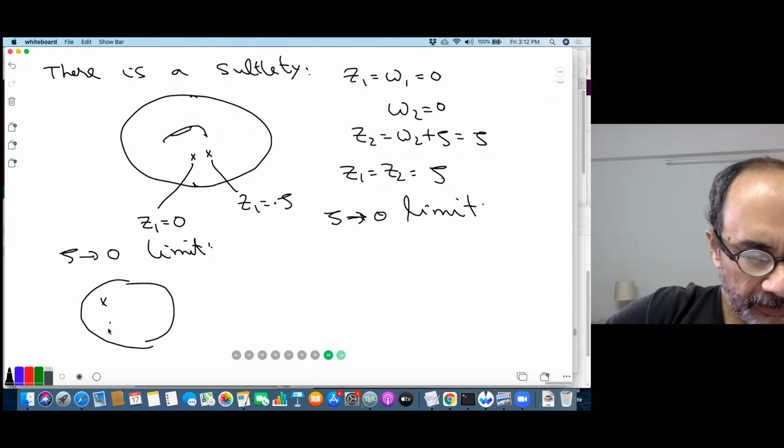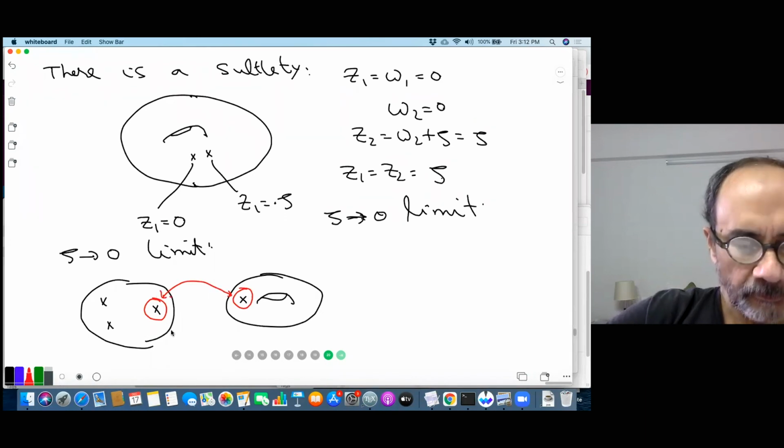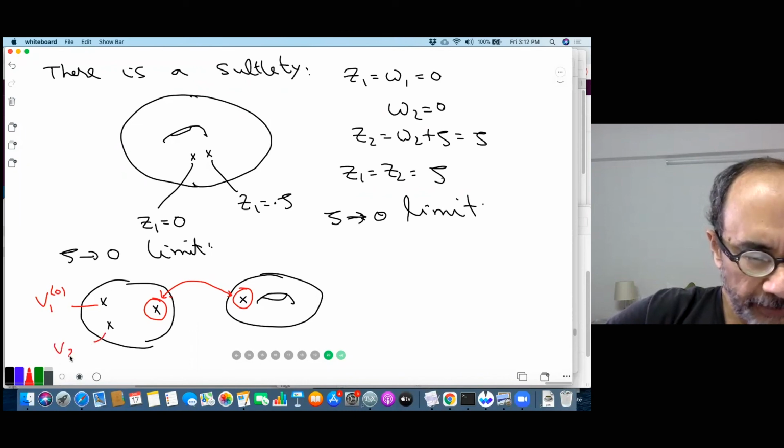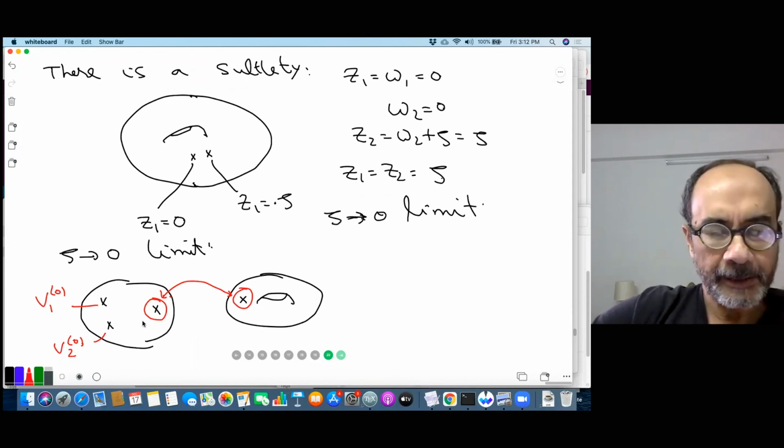So the two vertex operators here, we glue them together. So here you have now a V1 in the zero picture. Here you have V2 in the zero picture because you have fused the picture changing operator with the vertex operator.